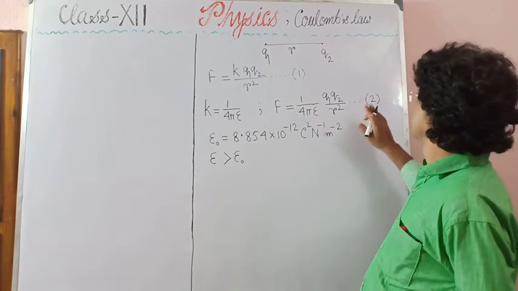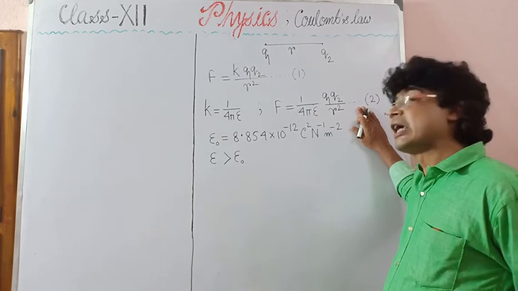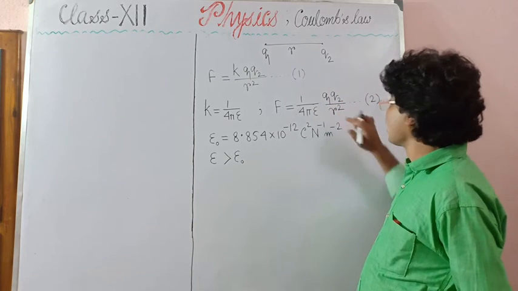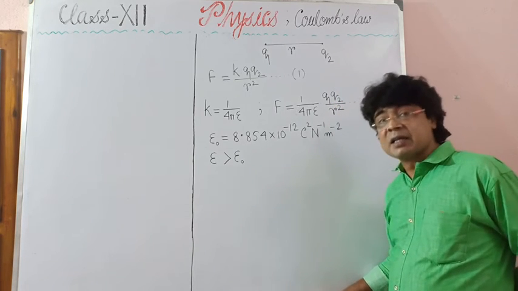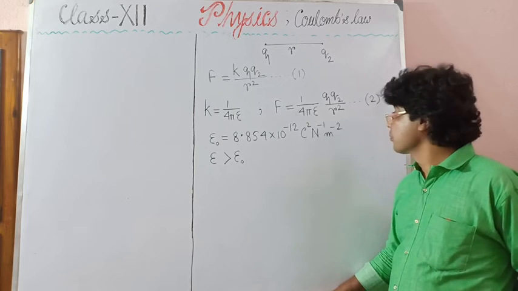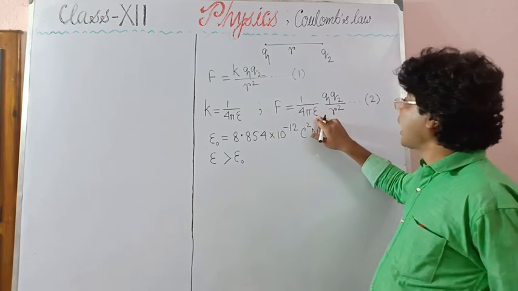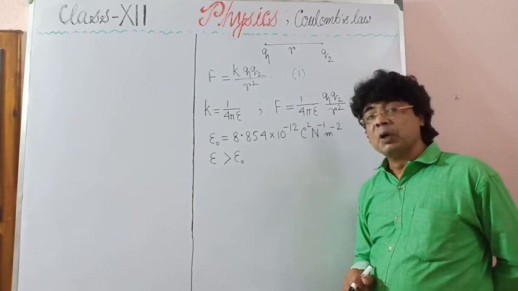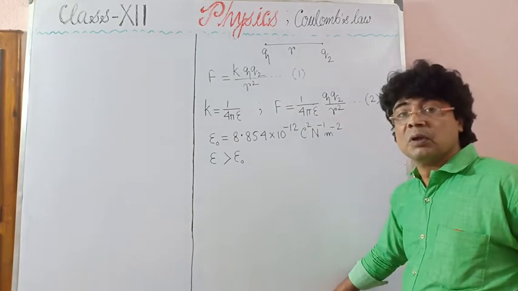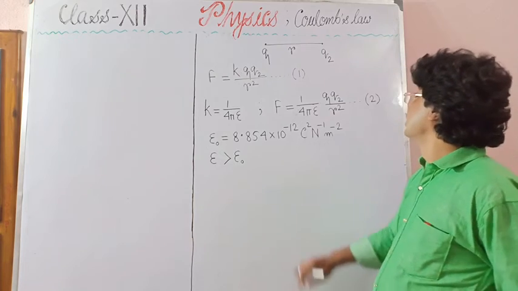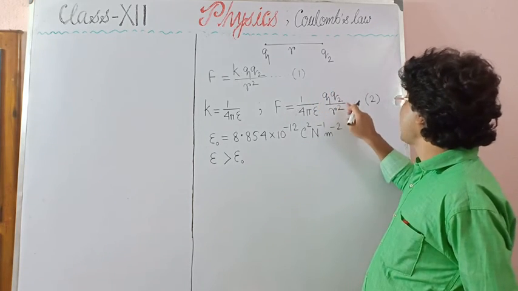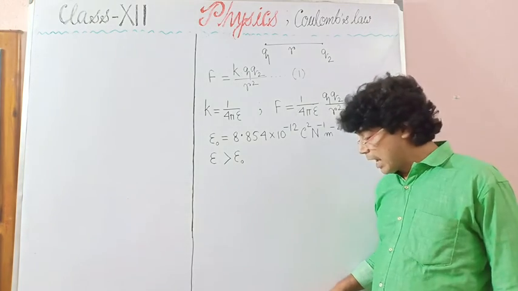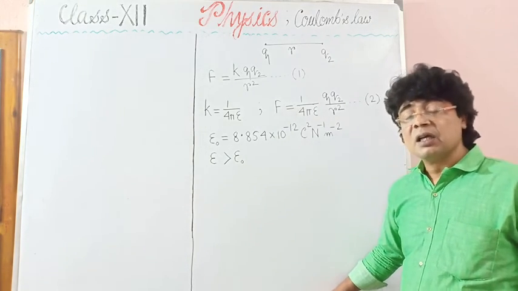So, from this equation, we can say that if Q1, Q2 and R remain fixed, then the higher the value of epsilon, the lower the value of force. Now, we consider Q1, Q2 and R remain fixed, and we consider three situations.